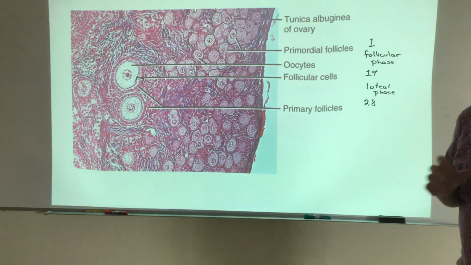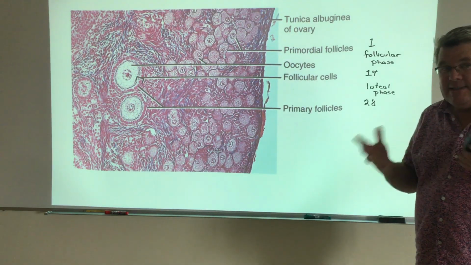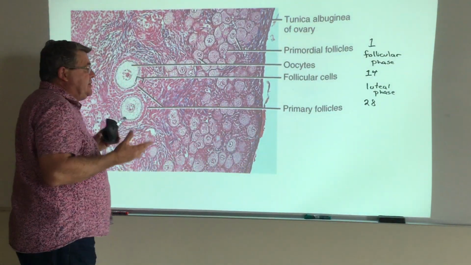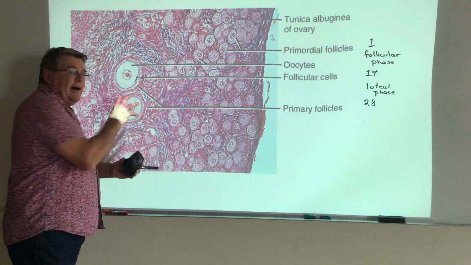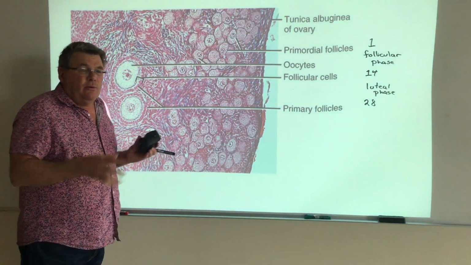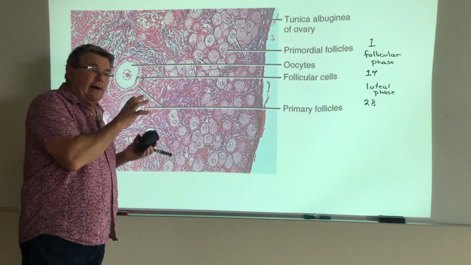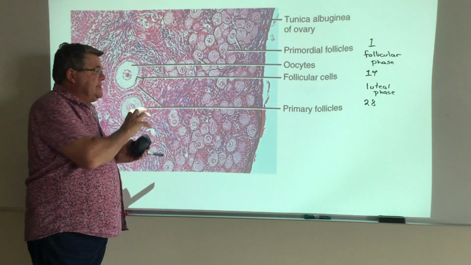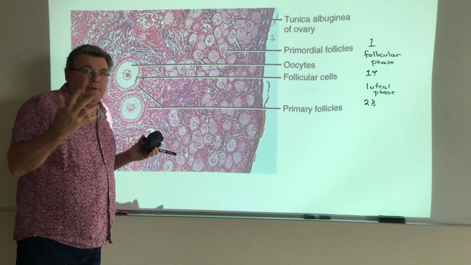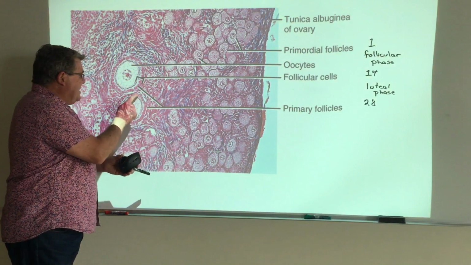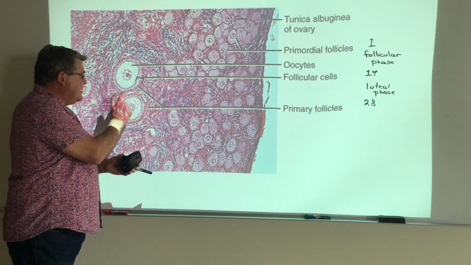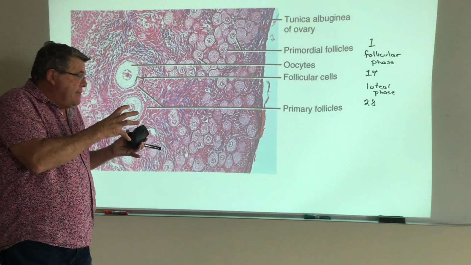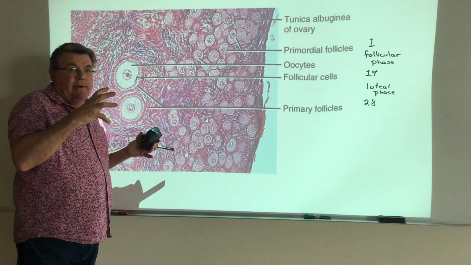What FSH is going to do is ideally it's going to stimulate and what we call mature one follicle. Which ovary? Don't know. Which follicle? Don't know. But one of them is now going to be stimulated. And what that means is that the follicle cells are going to start to go through mitosis. So this follicle is going to get bigger and bigger and bigger.